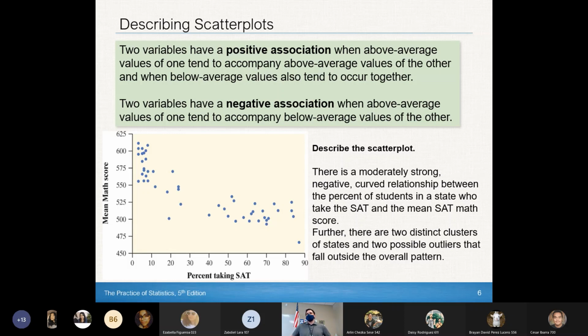Further, there are two distinct clusters of states and two possible outliers that fall outside the overall pattern. All right, and so again, this is negative because as we're going from left to right, we're going down. It's kind of like a negative slope. It goes down from left to right. And it's curved because as we go, it kind of goes fast here, slows down, and kind of follows a curve.